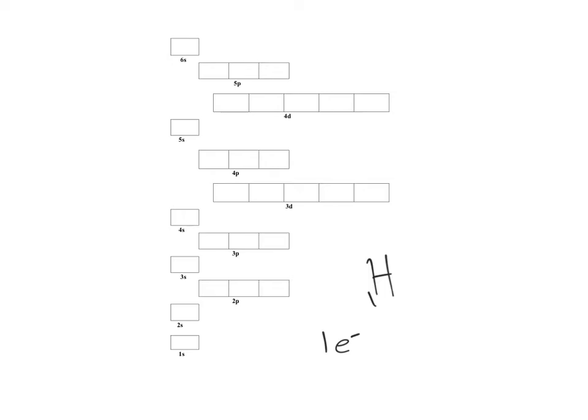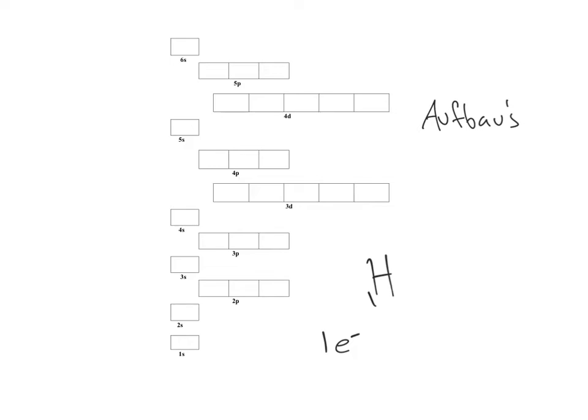There are three different laws that we're going to be looking at. The first one is called Aufbau's principle, which can be found in the key terms of your digital notebook. Aufbau's principle states that electrons fill the lowest energy orbital first.